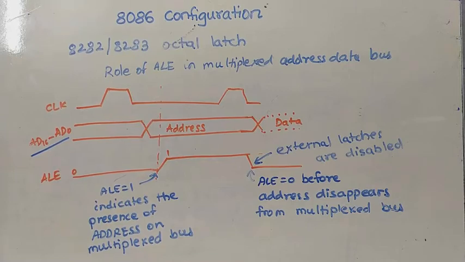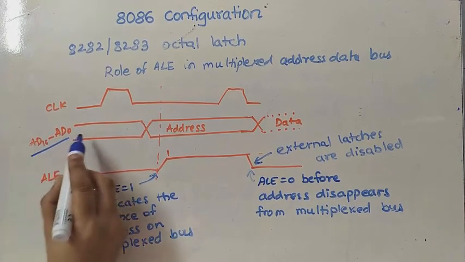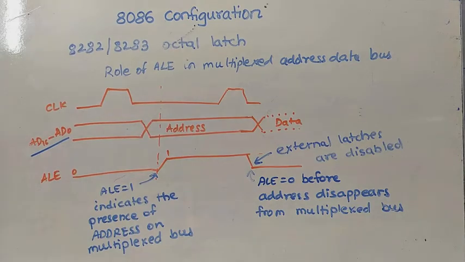The four address lines A16 to A19 are also multiplexed with the status signals S3 to S6. Also the bus high enable is multiplexed with S7, so it needs to be demultiplexed. In 8086, first of all the address is given on this multiplexed bus.